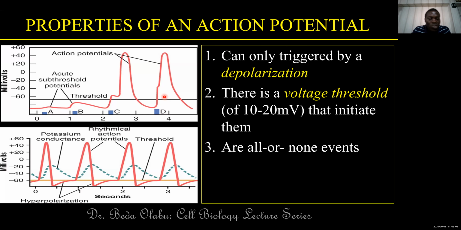You cannot have a stronger action potential. It's an all or none event. It's either present or it's not present. So, like here, either there is no action potential or there is action potential. And if it's there, this will not be now bigger than this one because this one was a bigger stimulus. No. It's either present or absent.